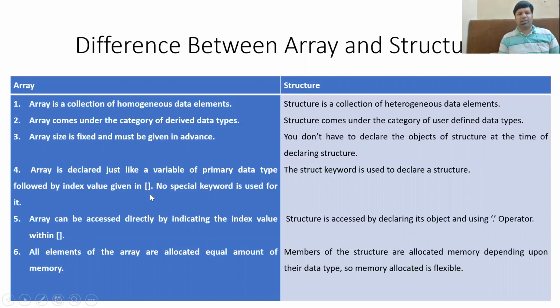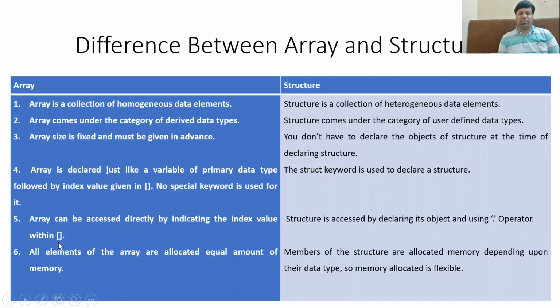Whereas the structure is properly defined using the struct keyword, and then within the curly parentheses we give the details of the data elements that it will contain. The fifth difference is array can be accessed directly by indicating the index value. So simply if you want to access the element number 5, you will specify the index number 4 within the square parenthesis.